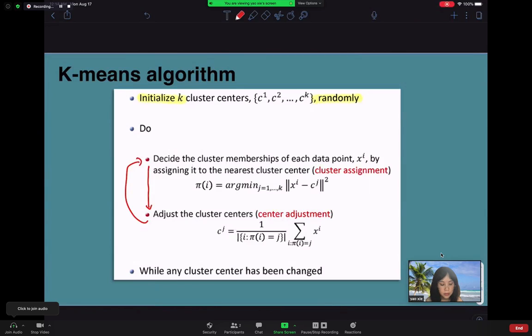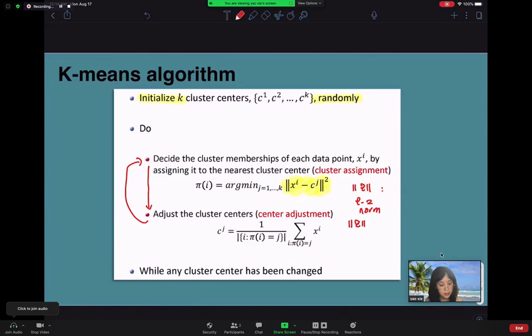If you look into each step, in the cluster assignment, the first thing is we're going to assign a data point to a particular center using distance. Here, this notation represents the L2 norm of a vector. What does it mean?